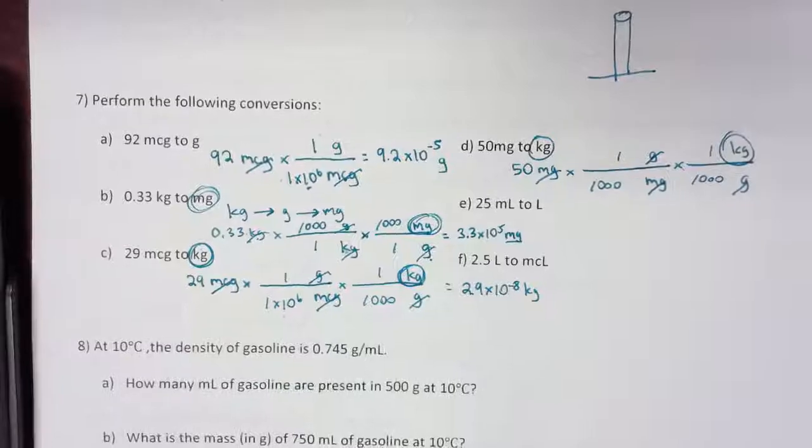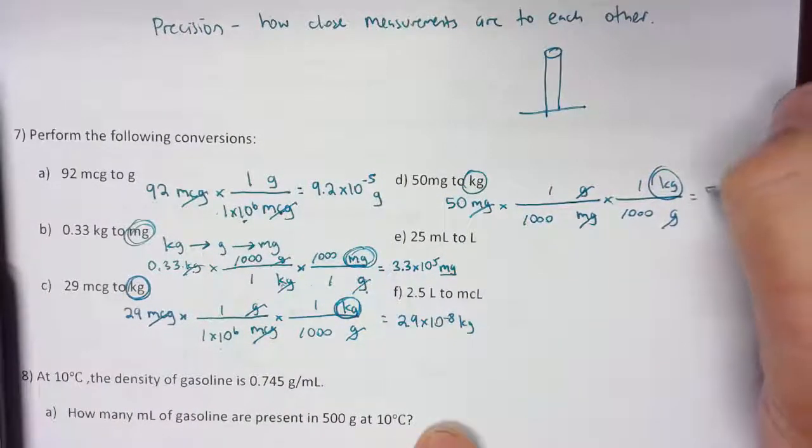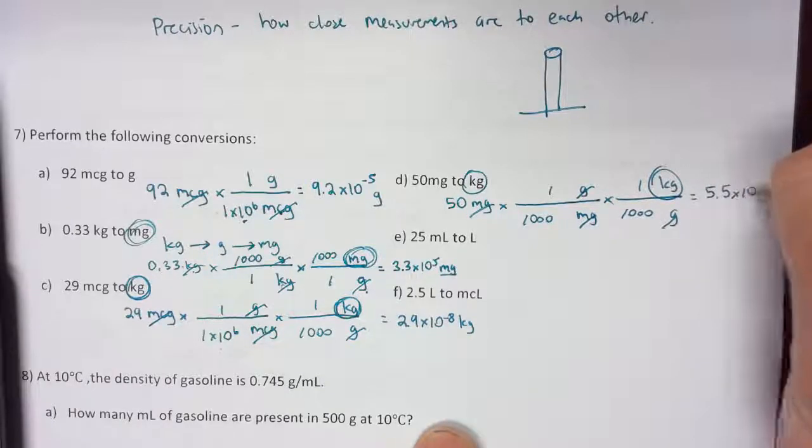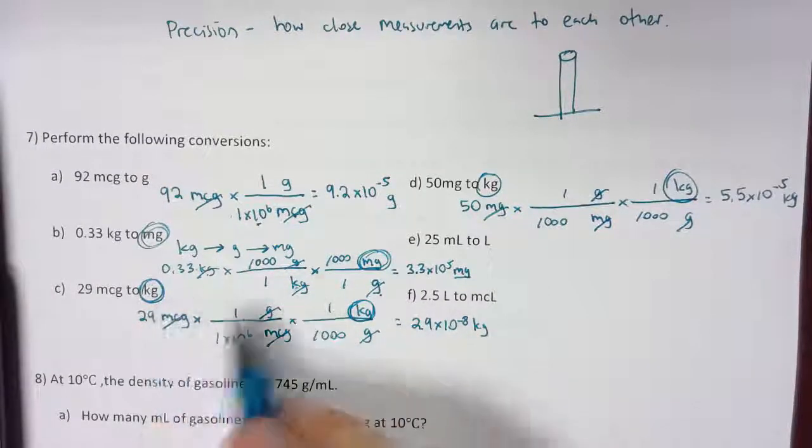So I take 50, divide by 1,000, and divide by 1,000 again. I'm going to end up with 5.5 times 10 to the negative 5th. That's kilograms. Okay. Not going to punch that one in the calculator because I've already shown you how to do it here.